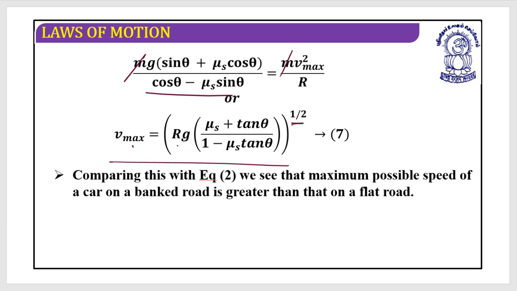Vmax would be the square root of this. Comparing this equation with equation 2, we see that the maximum possible speed of a car on a banked road is greater than that on a flat road. On the flat road, or the level road, it was the square root of mu s Rg. Yes, this speed is greater than this, and that is the reason we have banked roads.